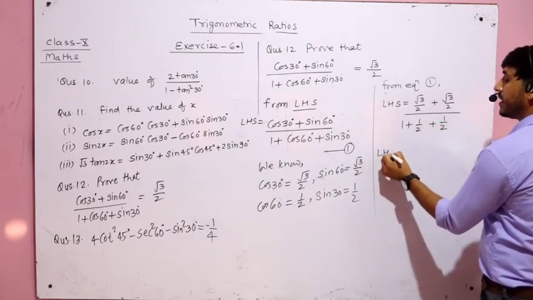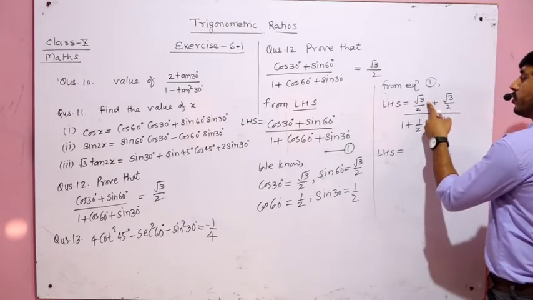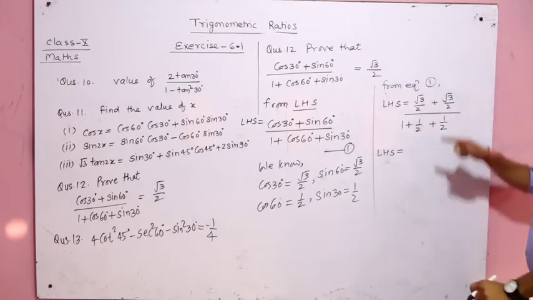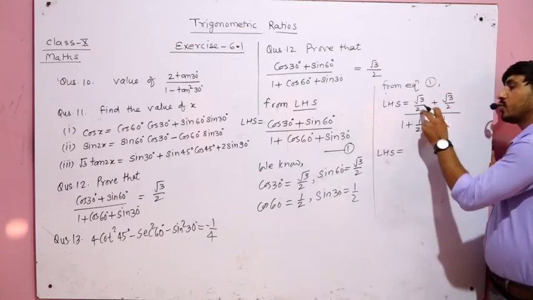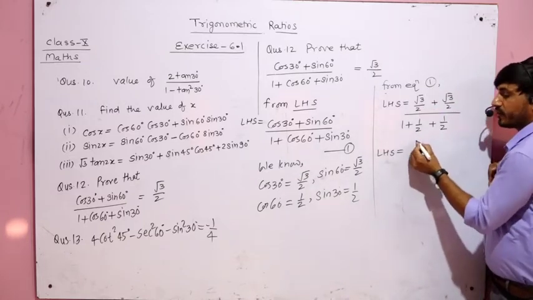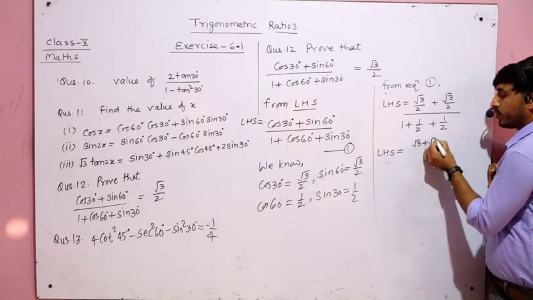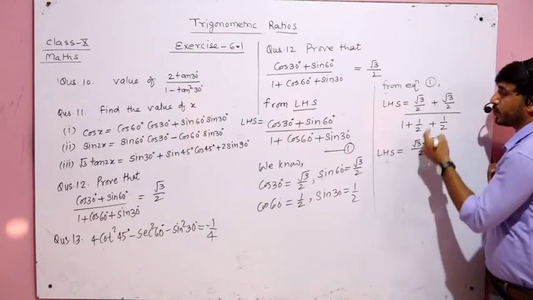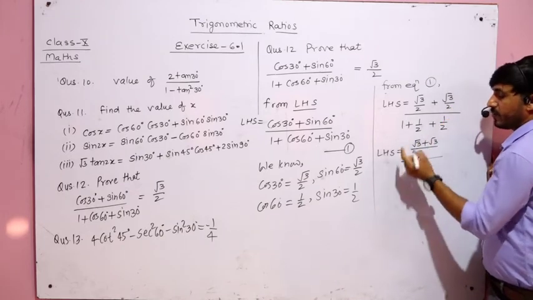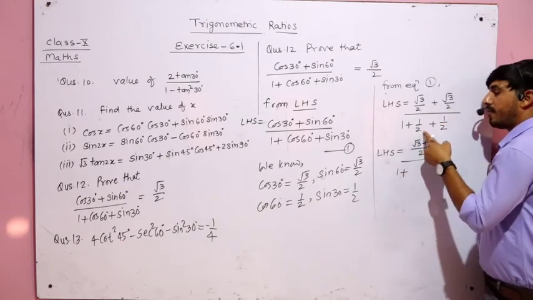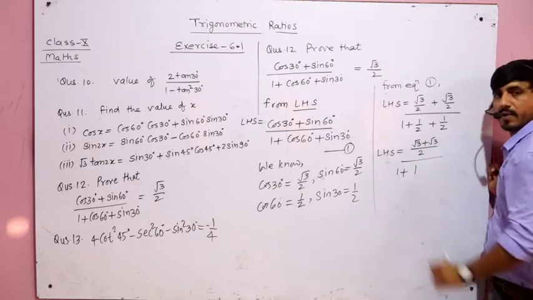It means LHS is equal to root 3 by 2 plus root 3 by 2. We have 2 as LCM, so root 3 plus root 3, divided by 2, divided by 1 plus, as we know, half plus half is equal to 1.